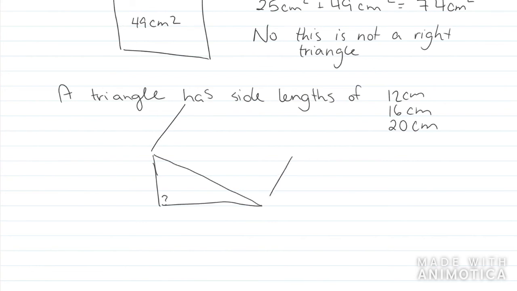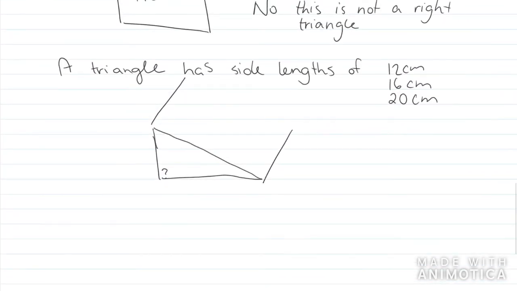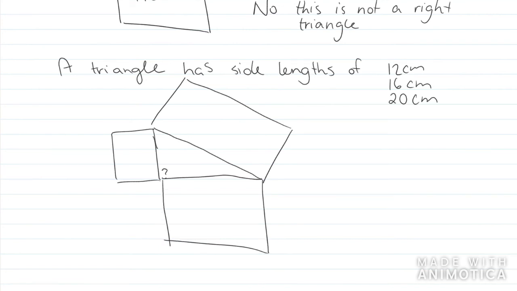Now I put my squares. Again, this isn't to scale. And I label my sides. The longest side would be the one across from the right angle, the 90-degree angle, so this one would be the 20 centimeters.